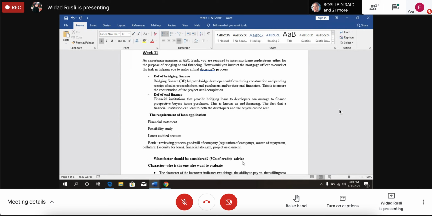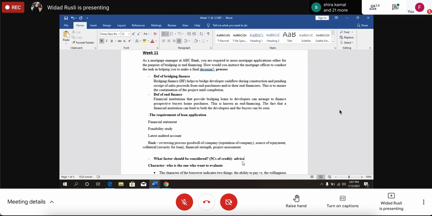So your statement is for the whole thing, which you should put at the beginning. Is it that the mortgage officer needs to assess the 5C in order to analyze the credit risk of the company, to help them make the loan approval decision? Correct.